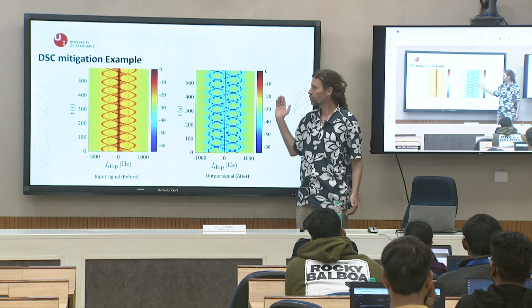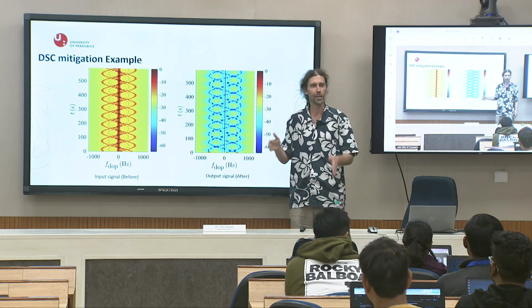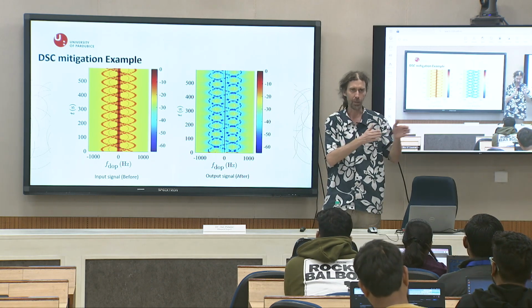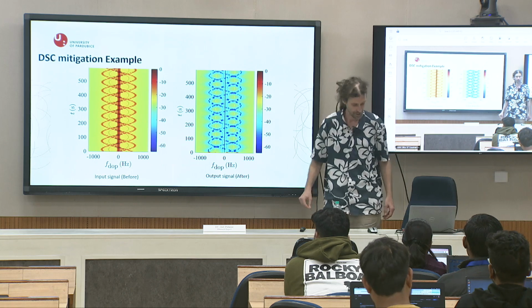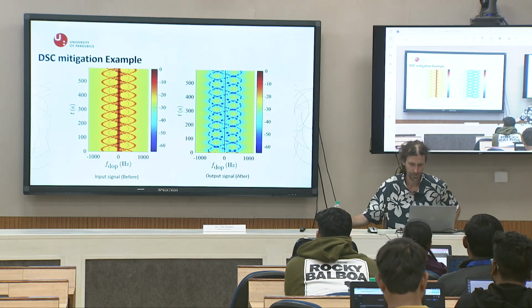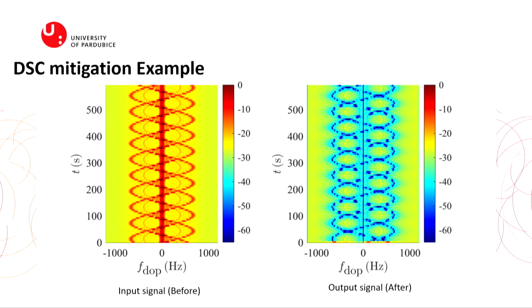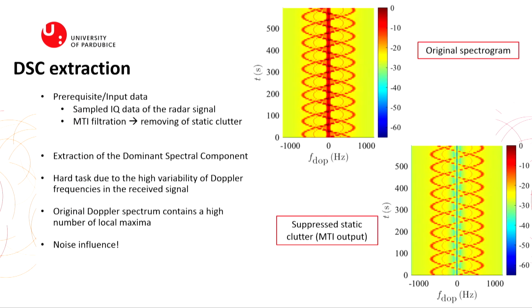I already presented this final result, but now we go step by step through how it works. It is just an example that the mitigation algorithm works. The first step is DSC extraction. The prerequisite on the input data is sampled IQ data of the radar signal.